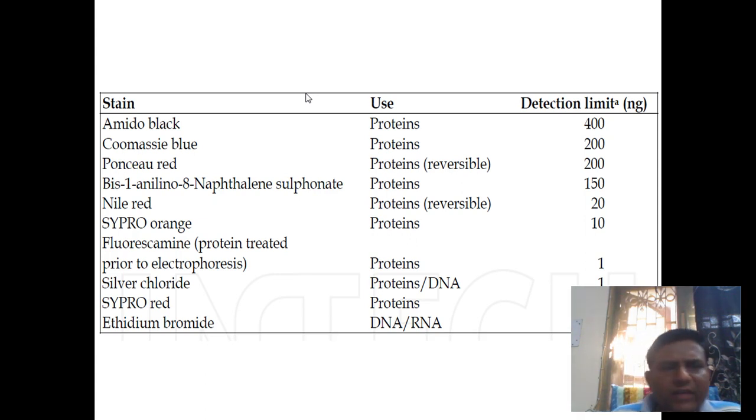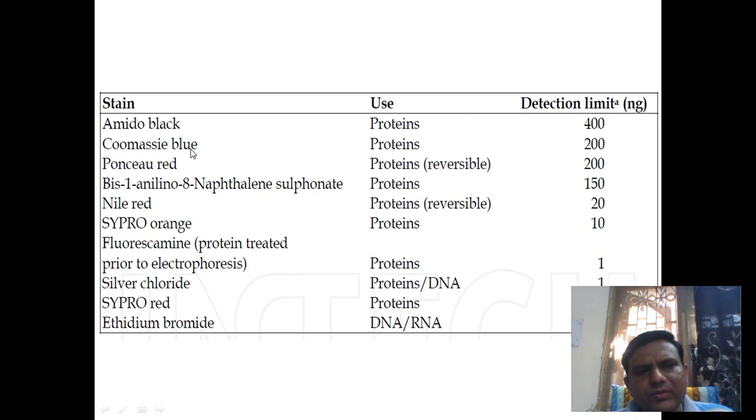So there is a requirement of different types of stains to visualize different types of molecules. You can observe here different stains: amido black, Coomassie blue.